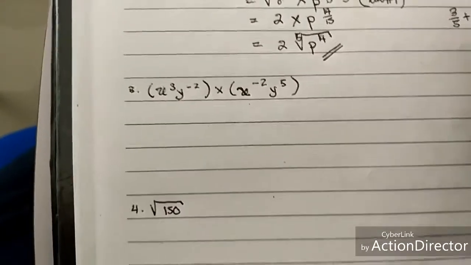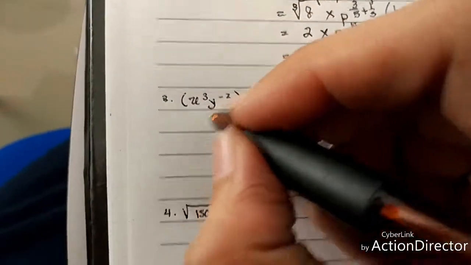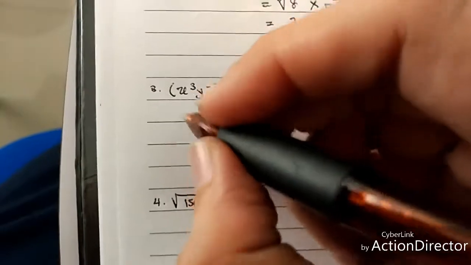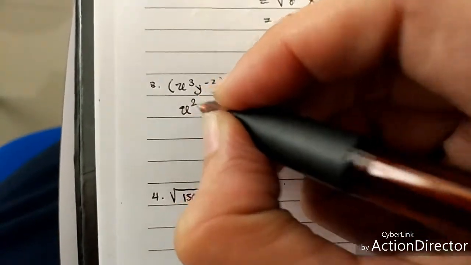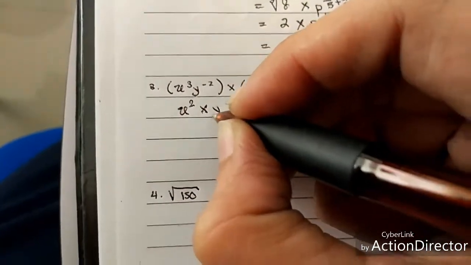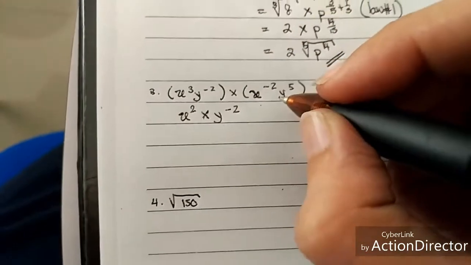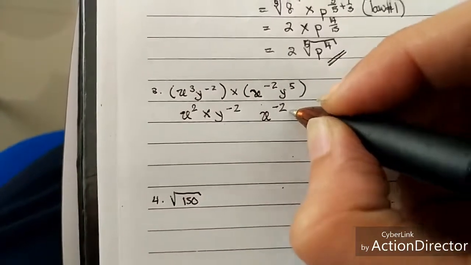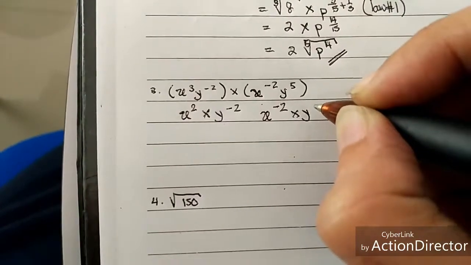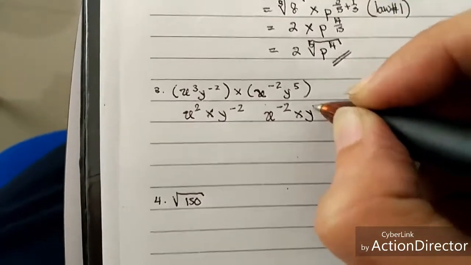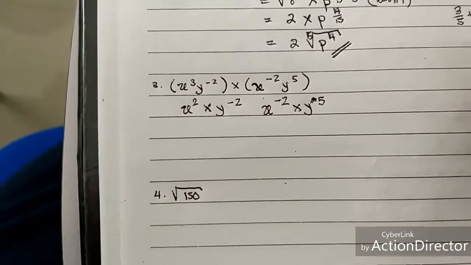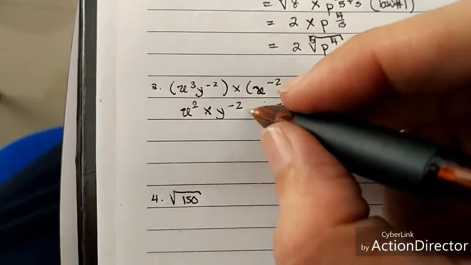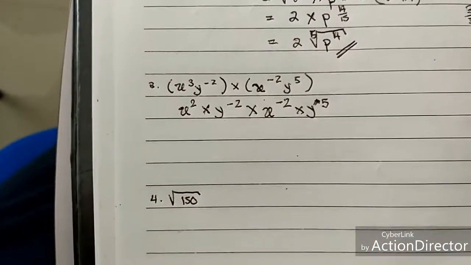Now the third one. This thingy means x squared times y to the power of minus 2, this one meaning x to the power of minus 2 times y to the power of 5. Not minus 5, only 5. And then there is a multiplication also, so it will look like that.